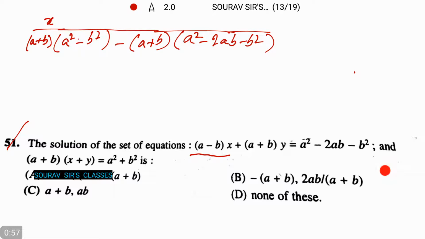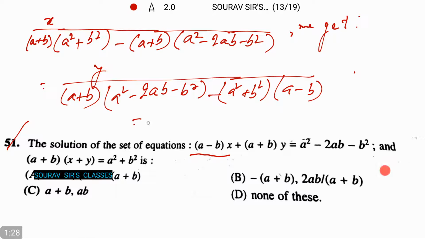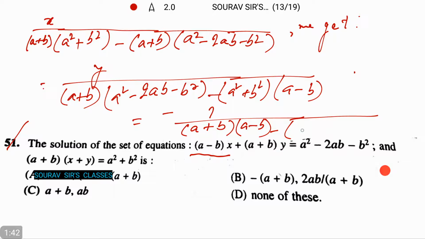This will be a plus here, and we get y by (a plus b), a squared minus 2ab minus b squared minus a squared plus b squared, over a minus b, which is equal to again 1 by (a plus b), there is a minus here, into (a minus b) minus (a plus b) into (a plus b) again.